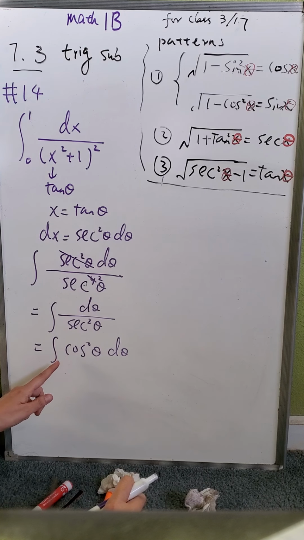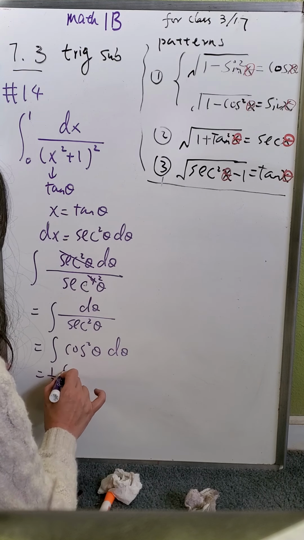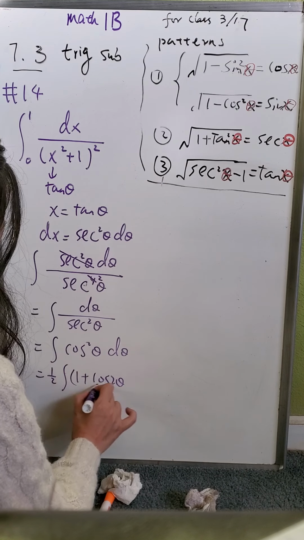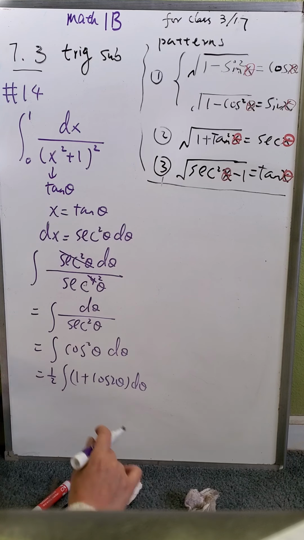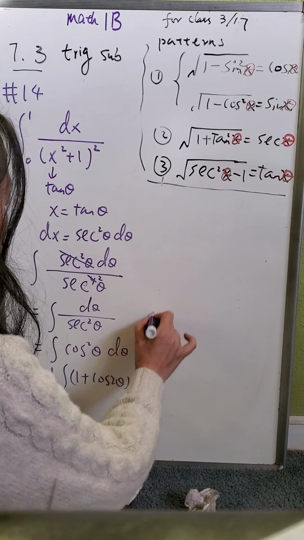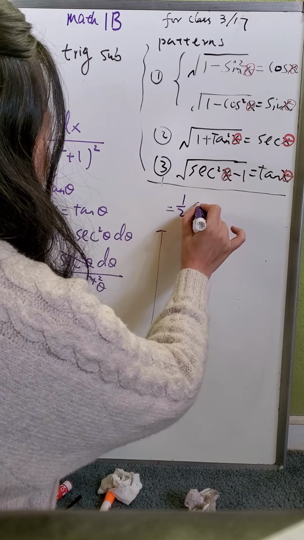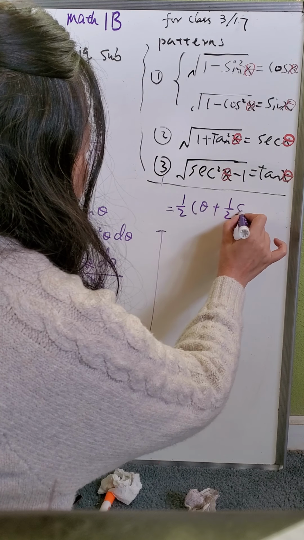And then that's easy again because that's the formula we have earlier. So that's equal 1/2 times 1 plus cosine 2 theta d theta. So I'm going to continue here. That becomes 1/2 theta plus, so this one's the same thing again, 1/2 of sine 2 theta.